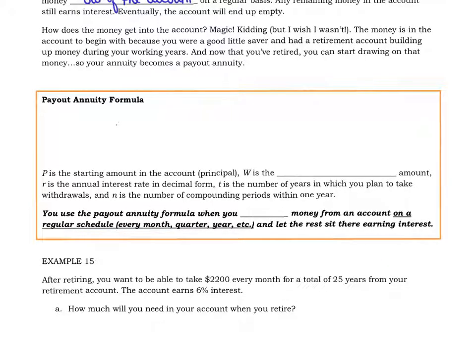Your payout annuity formula looks like this. P equals W times the quantity 1 minus the quantity 1 plus R over N, raised to the negative N times T power, all of that over R over N. Now here, P is your starting amount in the account, the principal.